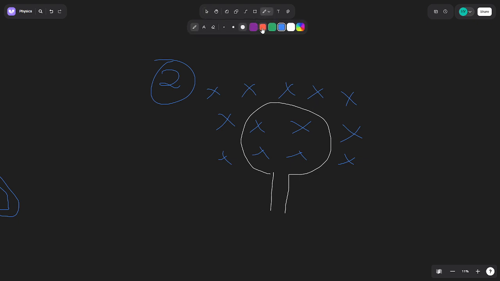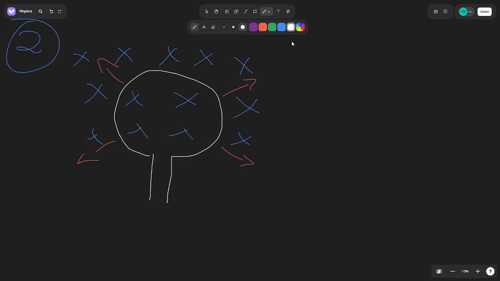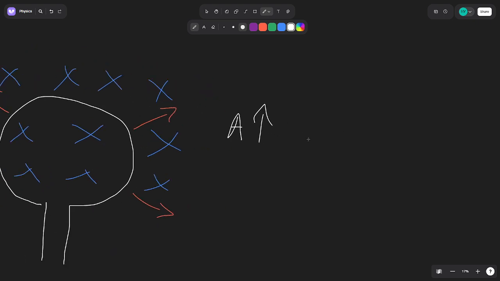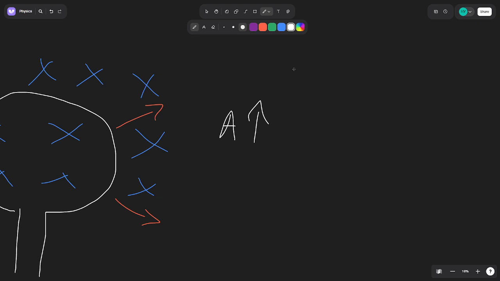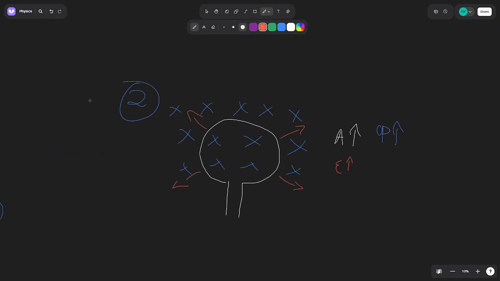We can basically increase it by increasing the area. So if we pull the coil on all sides and stretch it, like bend it a little bit, we'll increase the area. Area increases, it means flux increases, it means the electromagnetic field increases. This is the second case.